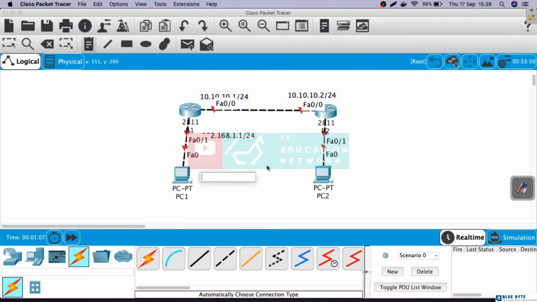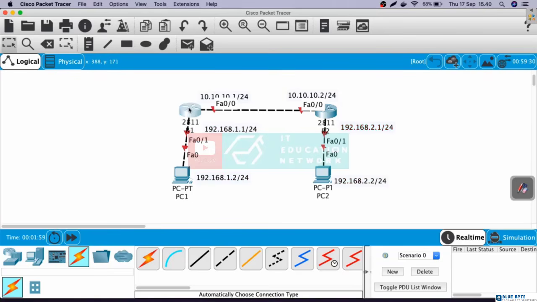PC 1 is 192.168.1.2/24. Router 2 that is connected to PC 2 is 192.168.2.1/24 and PC 2 is 192.168.2.2/24. Okay, now let's configure the IP address on all routers and PCs.